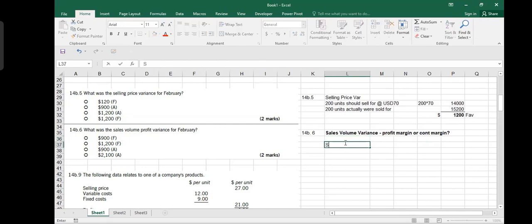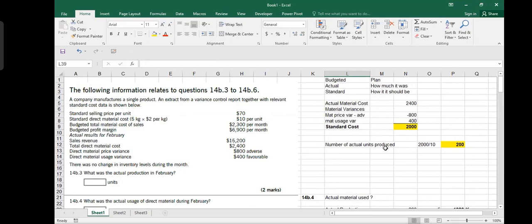So let's see our budgeted sales and our actual sales in quantity, in numbers. What were the budgeted sales? It says budgeted total material cost is 2,300.